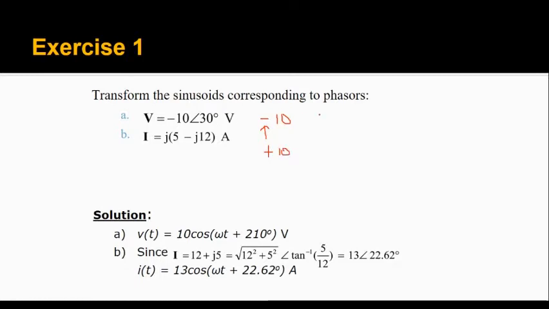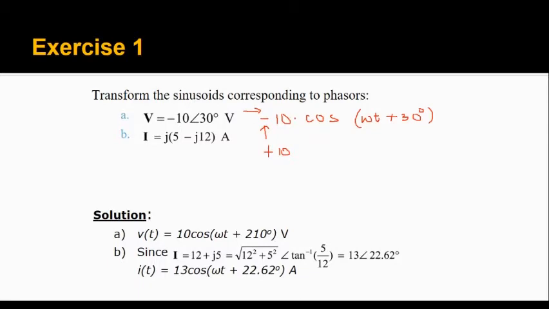You know that minus 10 means minus 10 cos omega t plus 30. This is what it looks like in the time domain. Remember that whatever phasor you have, it must be in cosine.